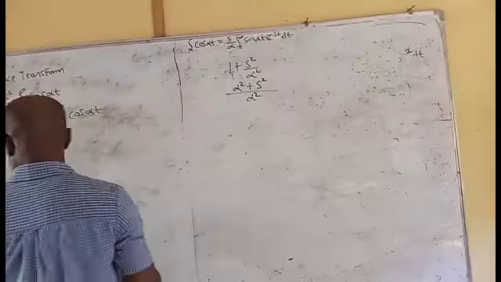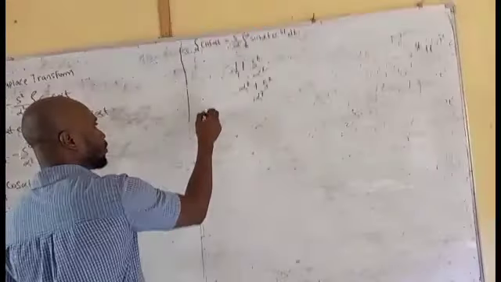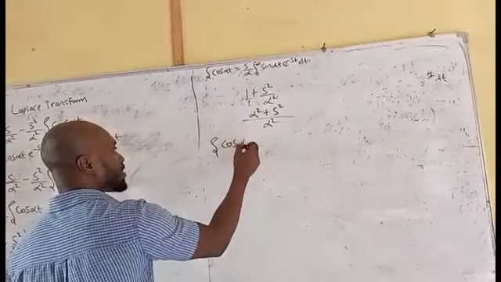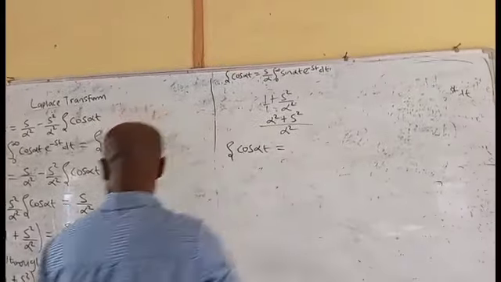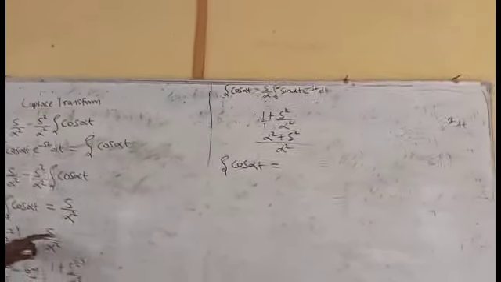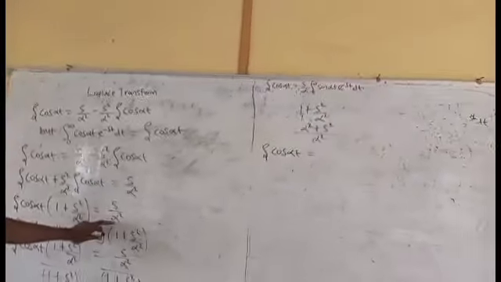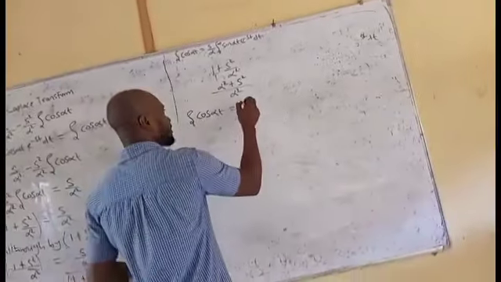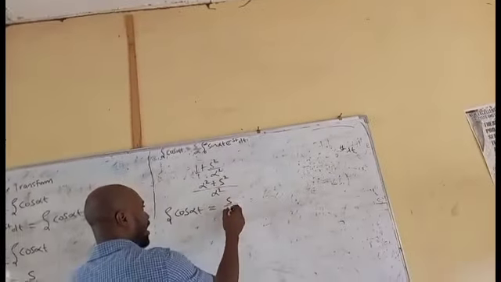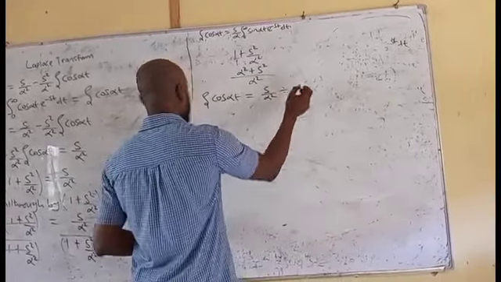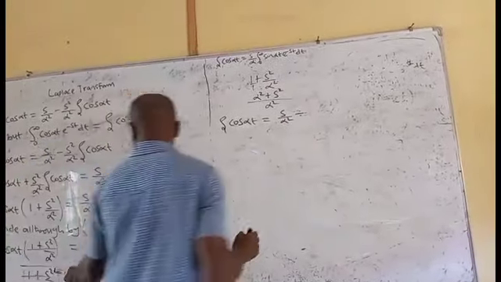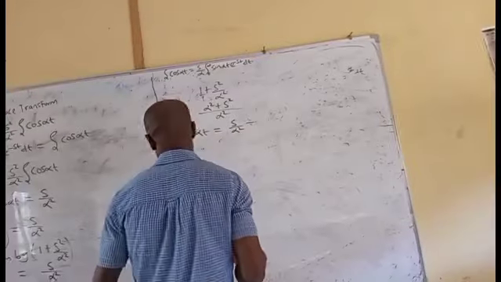The Laplace transformation of cos alpha t is this, s over alpha squared, and I divide all through by this. So it will now be s over alpha squared divided by 1 plus s squared over alpha squared.